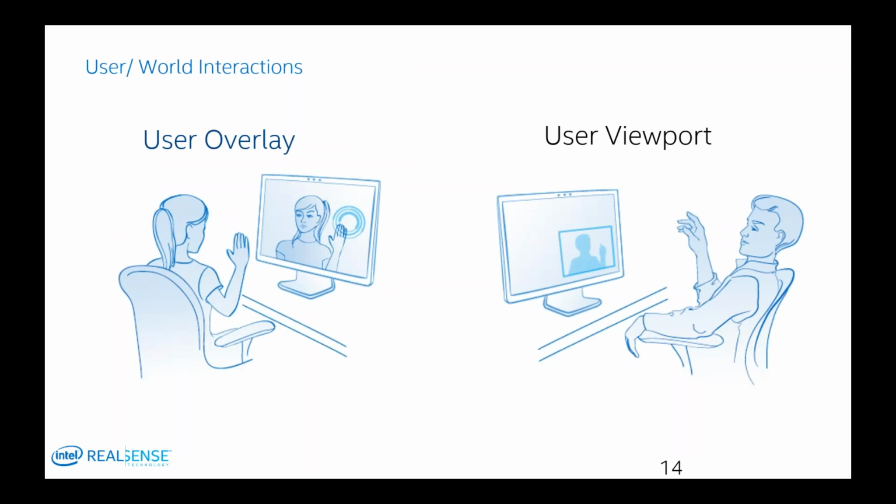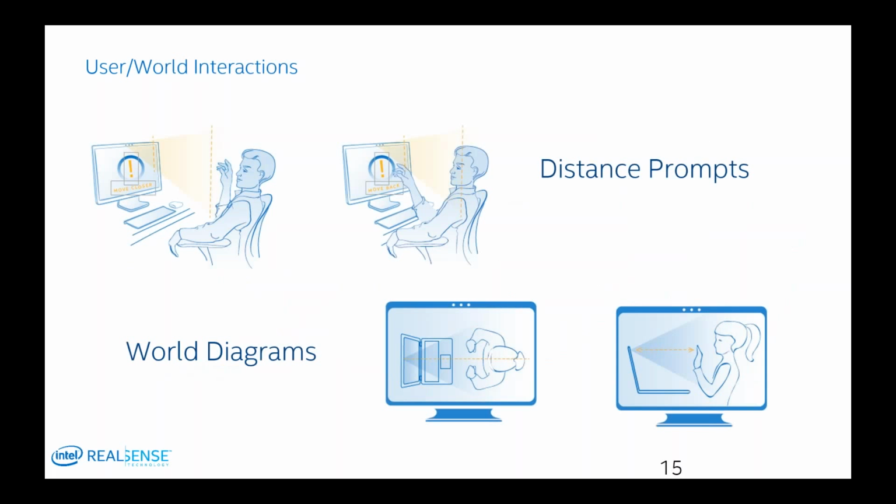If you're doing blob tracking, for example, showing the blobs is enough, so the user knows what's actually tracked by the SDK, and that's enough to give good feedback. You can also put distance prompts, and diagrams to explain to the user where they should be when they first try your application.